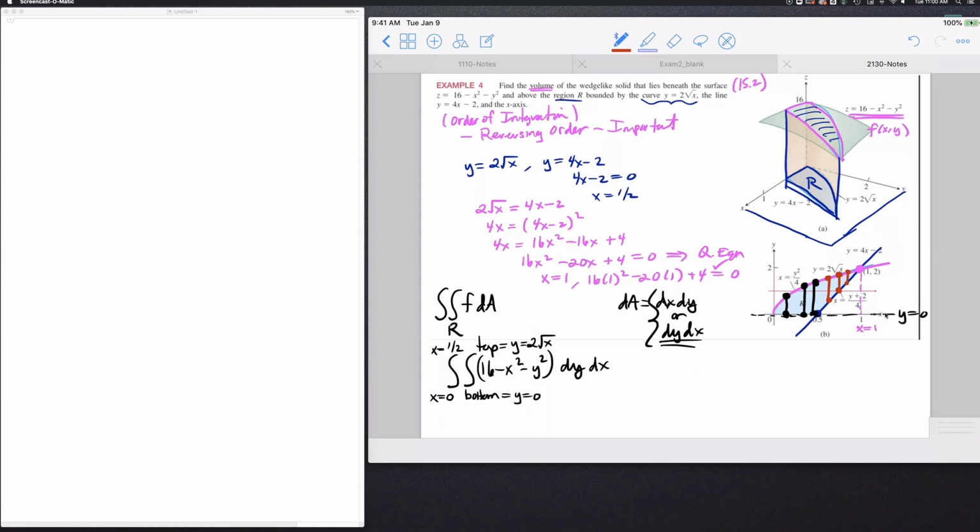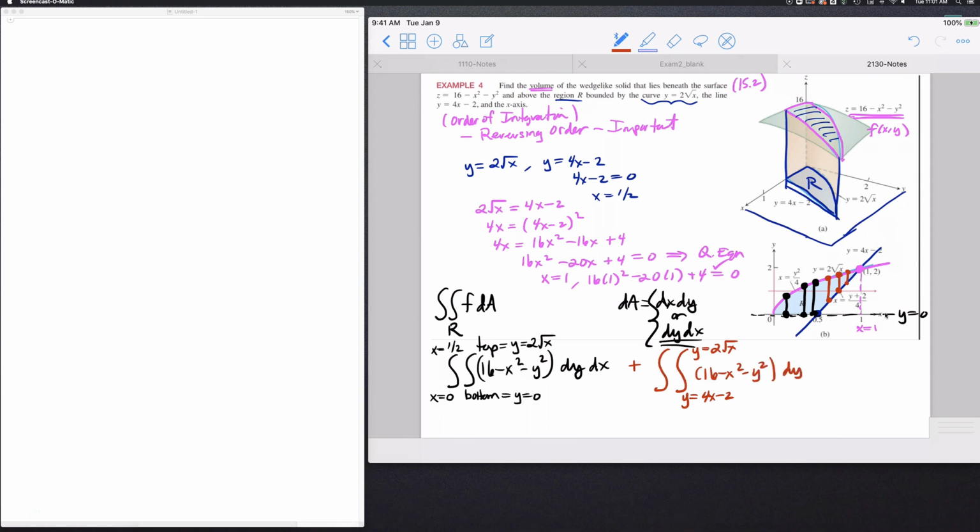So what we would need to do is split this integral up into two pieces. If you try the dy dx ordering, we would also need to add on some volume, with y going from 4x minus 2 on the bottom, the line, up to y equals 2 square root of x on the top. 16 minus x squared minus y squared is the surface.